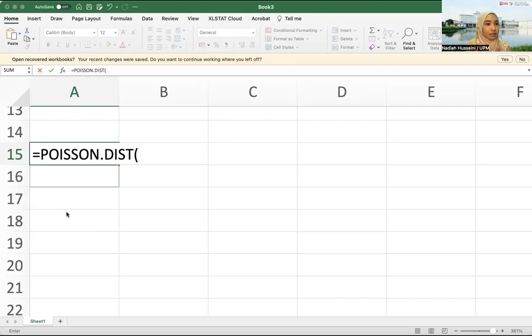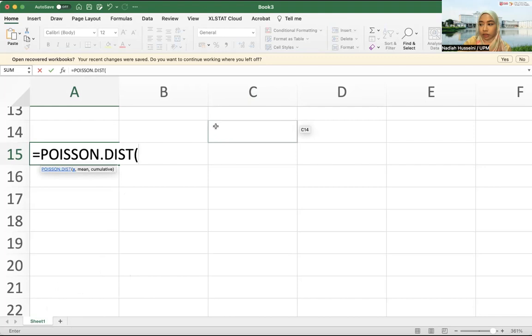If mean is less than 0, mean is np, also error. For cumulative equals false, this is your equation, which is the probability mass function. For cumulative true, this is your equation for Poisson, which is the summation from 0 to X. So again, if you don't remember what the function is, click on the blue link and read it.